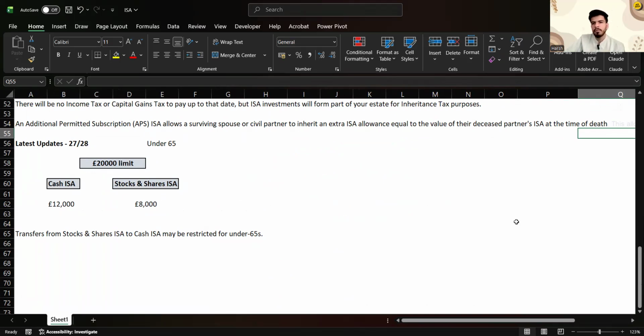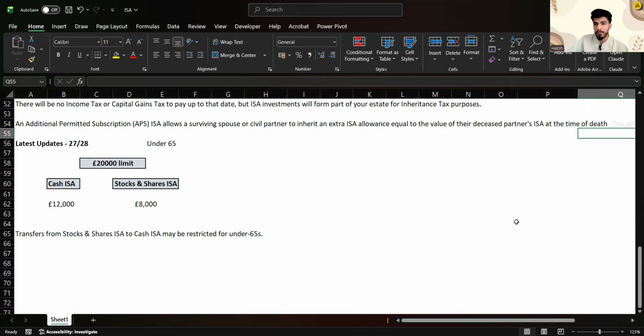But now they have limited the investment that you can make in cash ISA. Out of 20,000 pound, you could only invest 12,000 pound in cash ISA. The remaining should go to stocks and shares ISA. Stocks and shares ISA could also be higher, but the limit is on the cash ISA part.